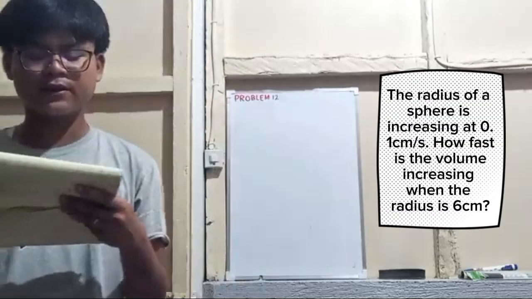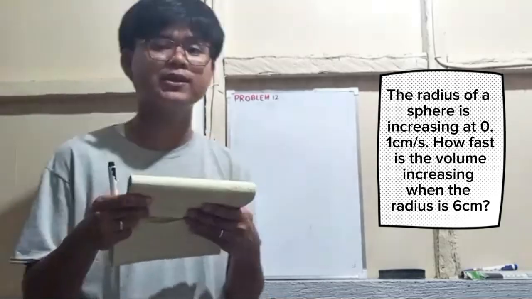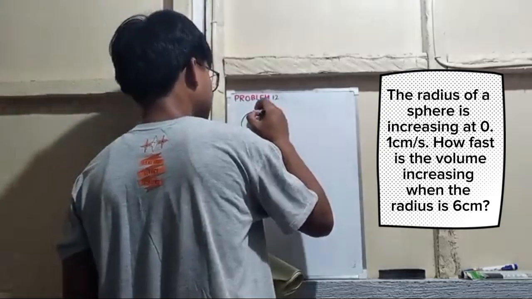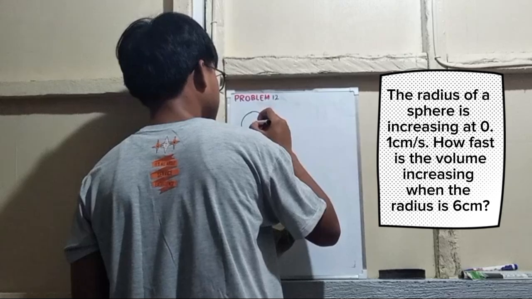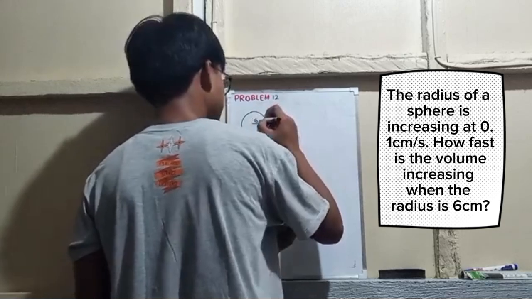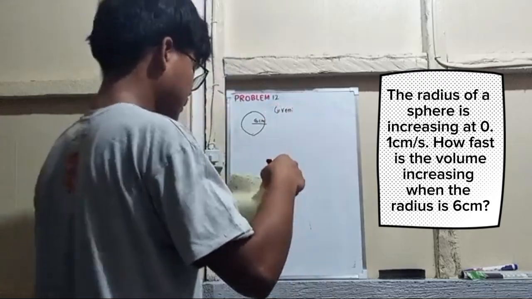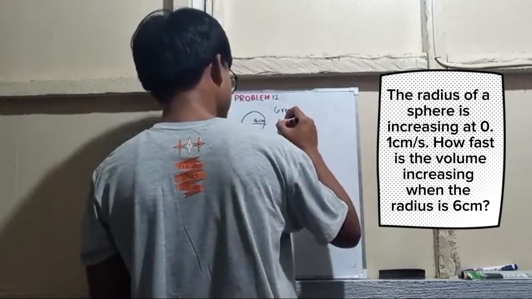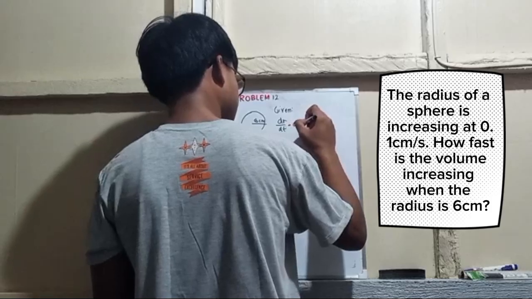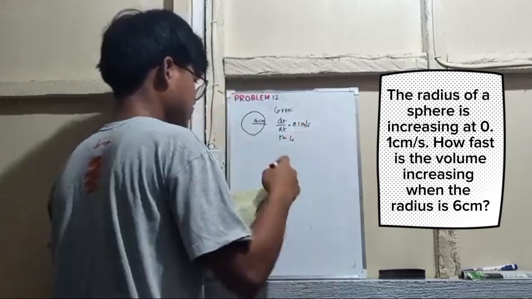So we'll proceed to problem 12. The radius of a sphere is increasing at 0.1 centimeter per second. How fast is the volume increasing when the radius is 6 centimeter? So we'll draw the sphere. Then we have the radius of 6 centimeter. And we'll identify the given. So we have the increasing rate of radius as 0.1 centimeter per second, and our radius is 6 centimeter.